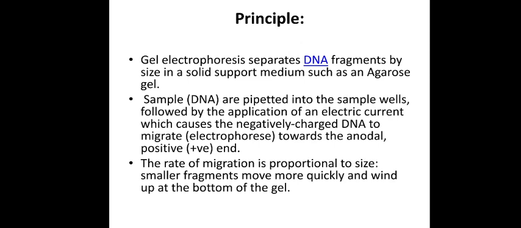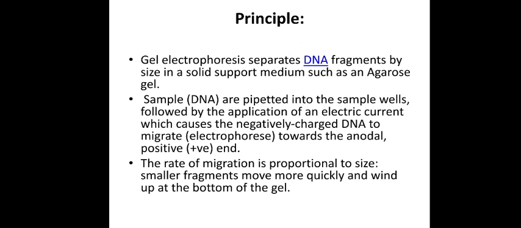Depending upon the size and the charge, they move at different speeds. Smaller ones will move faster, that means they are closer to the opposite electrode, and larger ones move slower. So you are going to get different positions for each fragment based on its length.